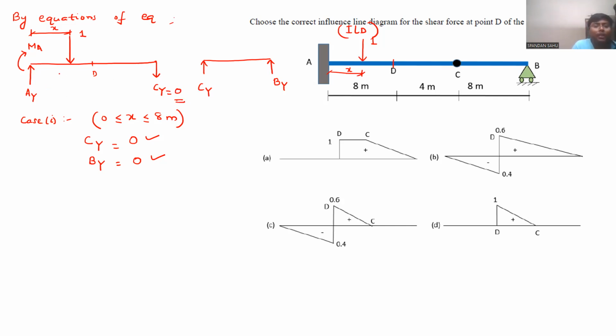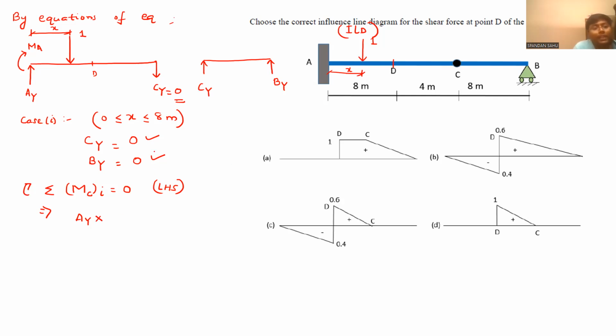Now, once that is done, for this left part, I am writing summation of moment about point C equal to 0 from left hand side. So what we will get? AY, and clockwise I am taking positive.